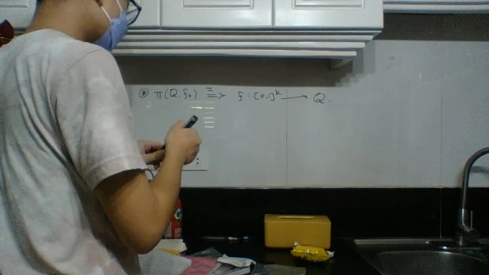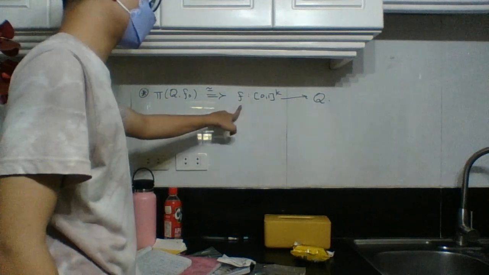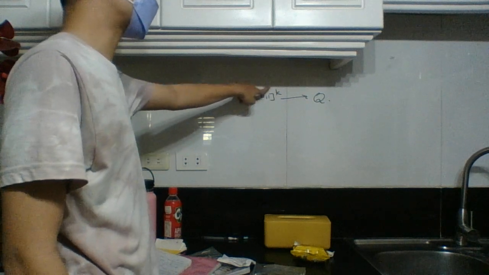Or I'm going to say that this is sort of equivalent under, or implies, or is somewhat the same under some homotopy or isomorphism as the map F that maps the interval [0,1]^K onto Q. So we're saying that this is somewhat the same, or can be described as, of course, an F that maps multiple K cells onto the space.